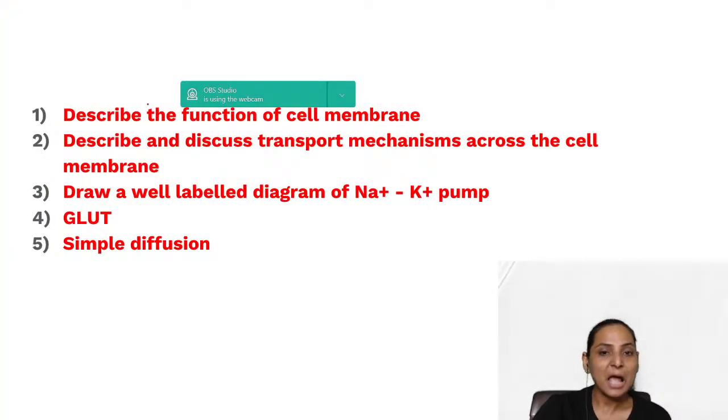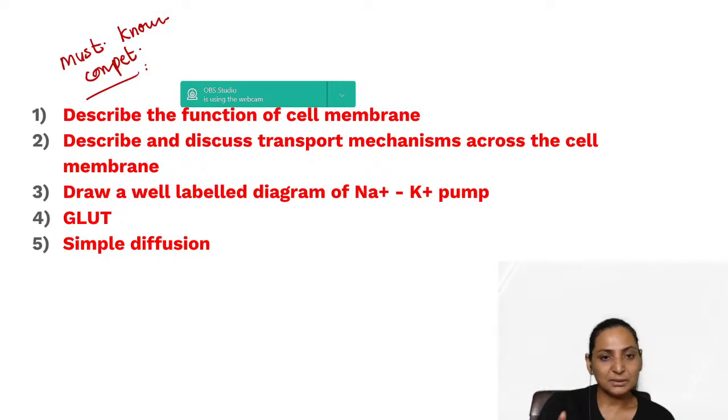Now let us see how exactly, when we look into the topic of transport across cell membrane, what are the things which are also called the must known competencies. When you are preparing for your first MBBS, the strategy is that there are certain questions or concepts which are must known competencies.